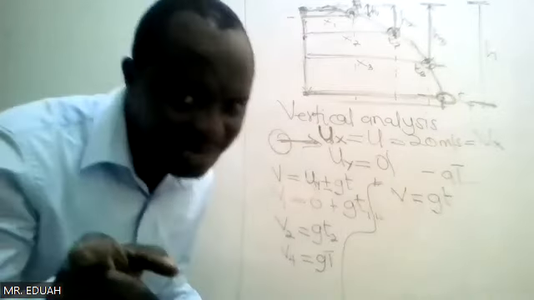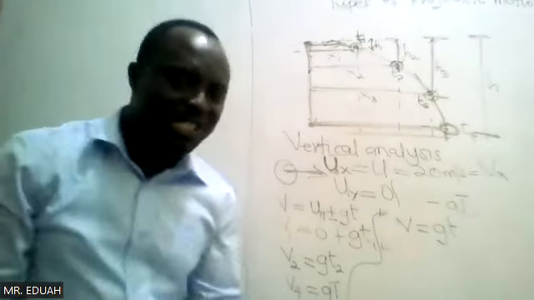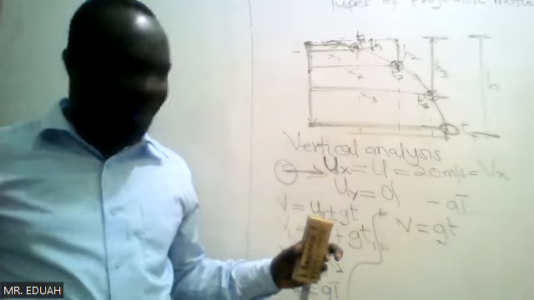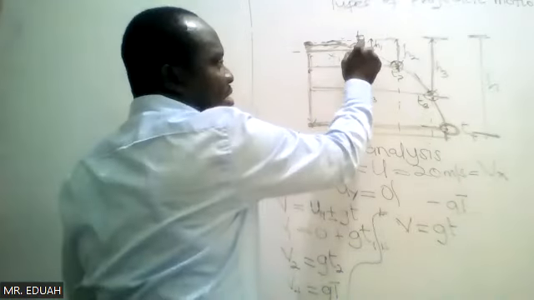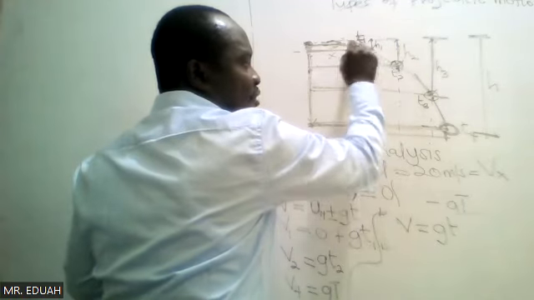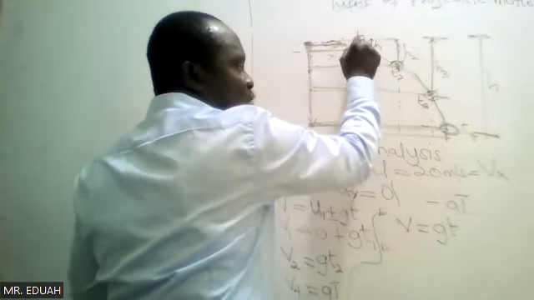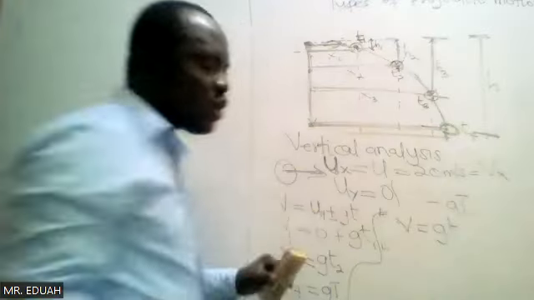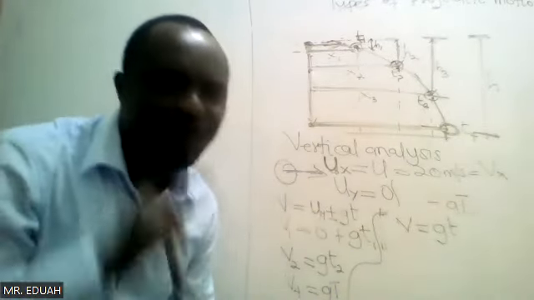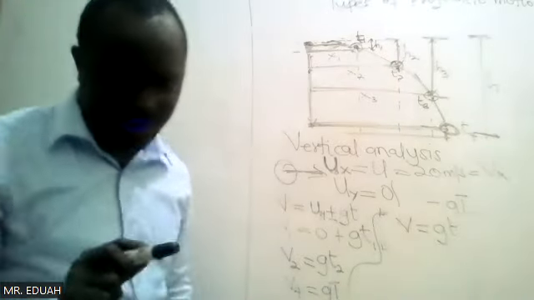I'm telling you this because at every point, don't forget the horizontal velocity is constant. When it's here, there's a horizontal velocity. When it's here, there's the same value of horizontal velocity as when it was here, on and on. So the vertical velocity just before the body hits the ground.